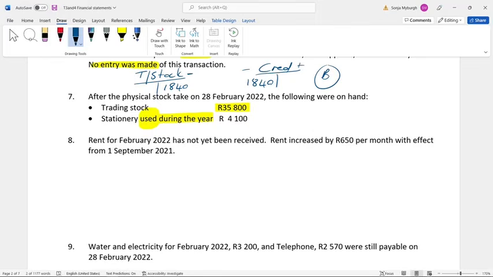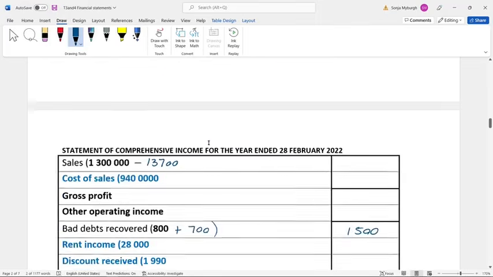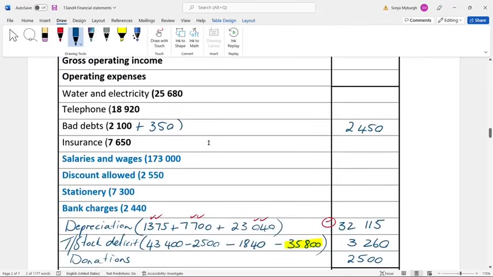And that is what we want to calculate or show in the statement of comprehensive income. How much have we used? Stationery, 4,100. The other option is they give you what's on hand and we subtract to get what we've used, but now they give us what was used. Matching concept, the real expense for stationery. So read carefully.